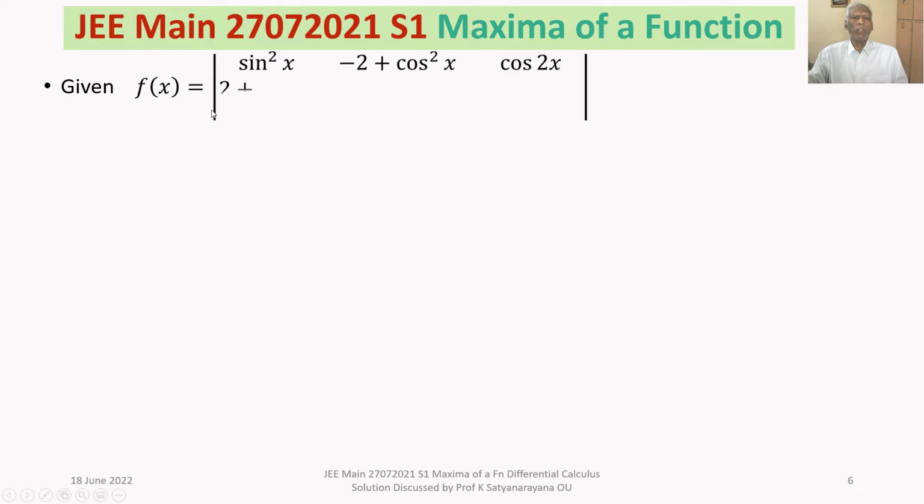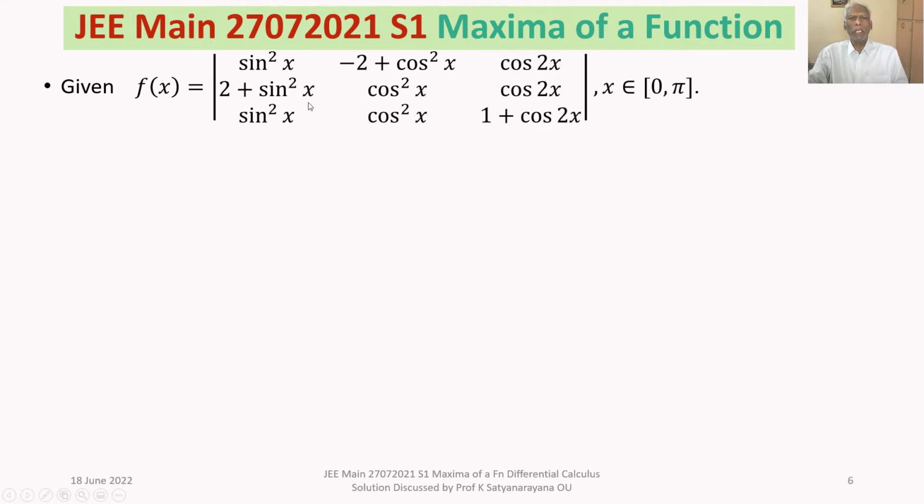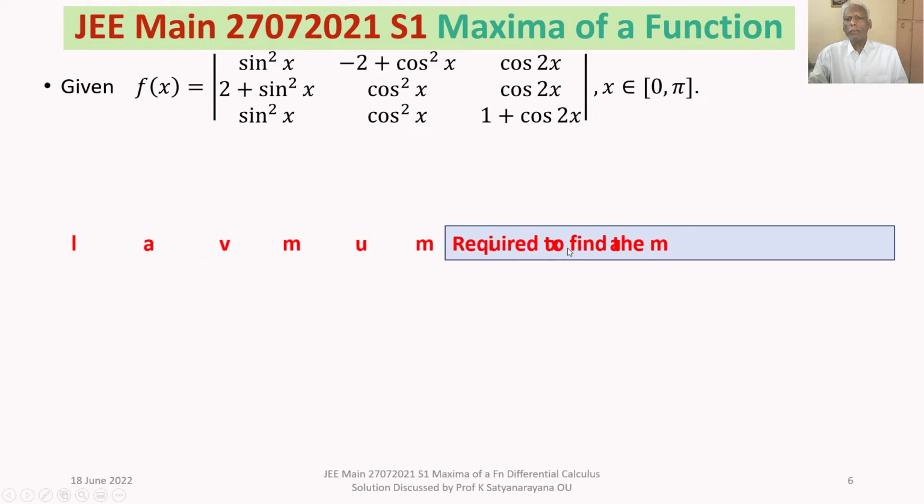We are given f of x is equal to a 3 by 3 determinant whose entries are sin square x, cos square x and cos 2x and the constants, where x belongs to 0 to pi, and we are required to find the maximum value of f of x when x varies in the closed and bounded interval 0 to pi.